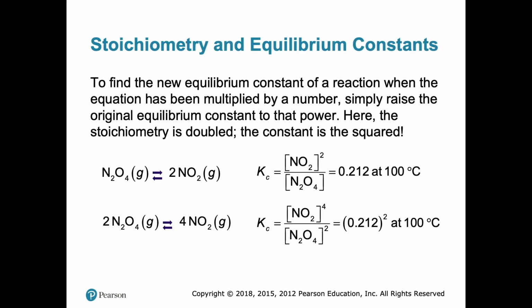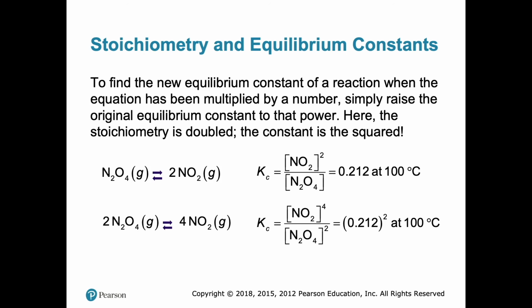So, let's find the new equilibrium constant of each reaction when the reaction is multiplied by a multiplier. What you can do is figure out a new equilibrium constant by adding more stuff. Here we have the same reaction, N2O4 gas becoming 2 moles of NO2 gas.